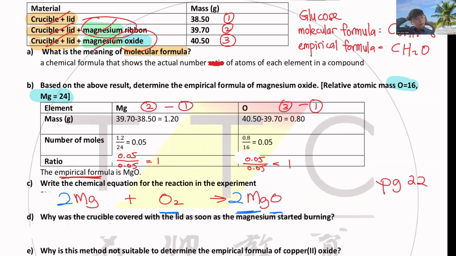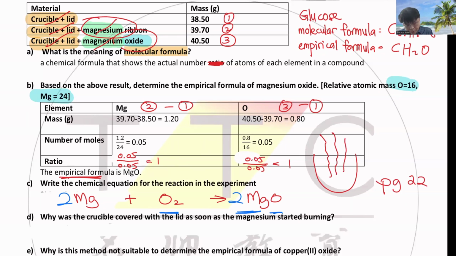Then they will ask you about theory questions, a very simple one. Why do you need to cover with the lid? When you burn this and the magnesium turns into magnesium oxide, the magnesium oxide might fly out because it's very hot and it becomes powder form.